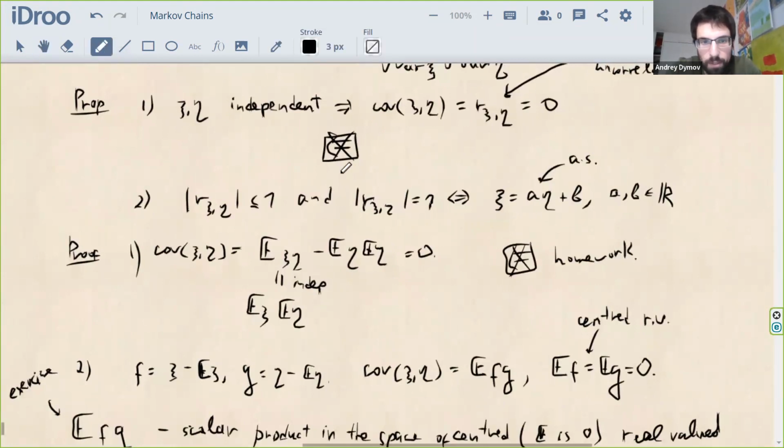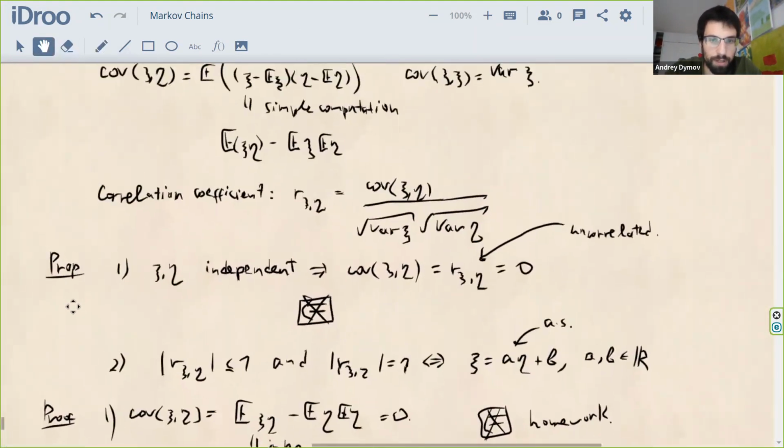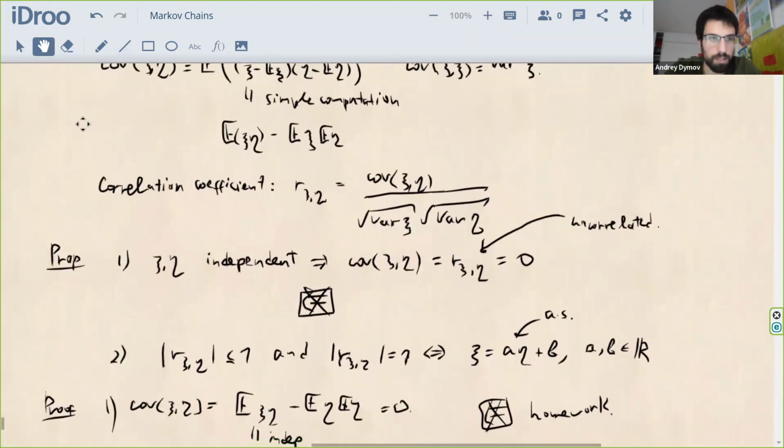Okay. So indeed, in fact, I will not use this proposition. I will use only the covariance, but I will strongly use the fact that small covariance, in some sense, means that random variables behave as if they were independent.